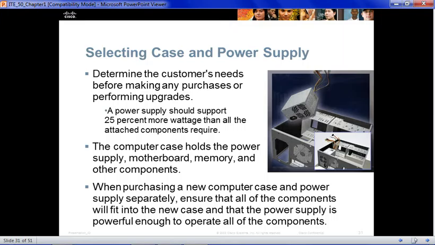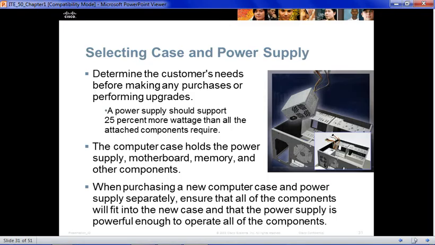One of the things that we're going to take into consideration is the form factor, and we learned about that earlier: computers have a form factor they follow, and that goes for the motherboard and the power supply.